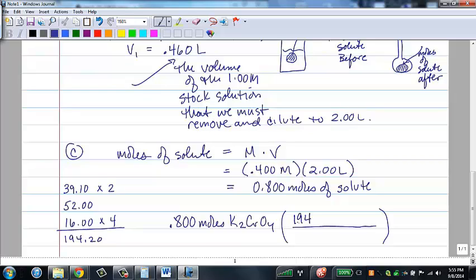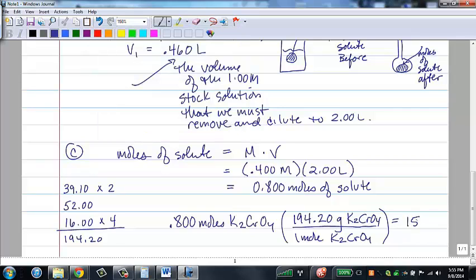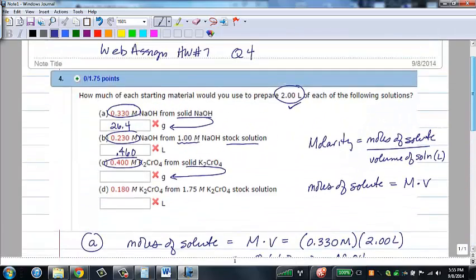That's what we're going to multiply by, 194.20 grams of potassium chromate in 1 mole of potassium chromate. So 0.8 times that molar mass is equal to 155.36. I think we can only have 3 sig figs, so we'll call that 155. 155 grams of K2CrO4 are needed to make 2 liters of 0.4 molar potassium chromate.